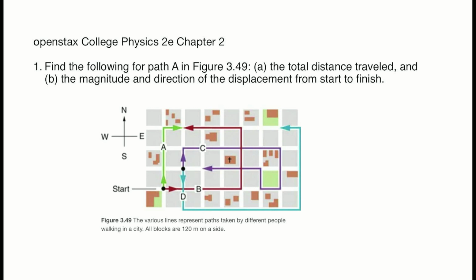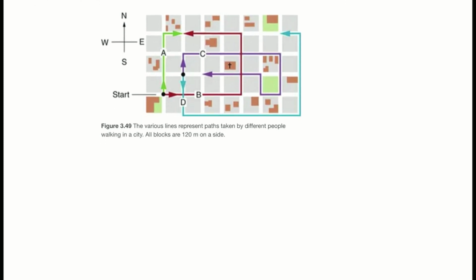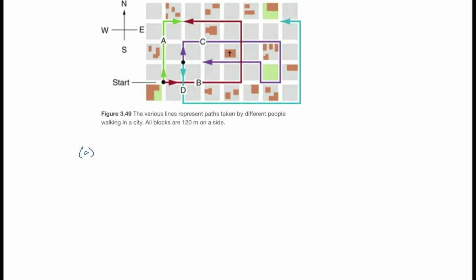All right, so for path A, we are going 3 blocks north and then 1 block east. And so for part A, we can say the distance is going to be the 3 blocks times 120 meters per block, and that was going north, plus 1 block times 120 meters east.